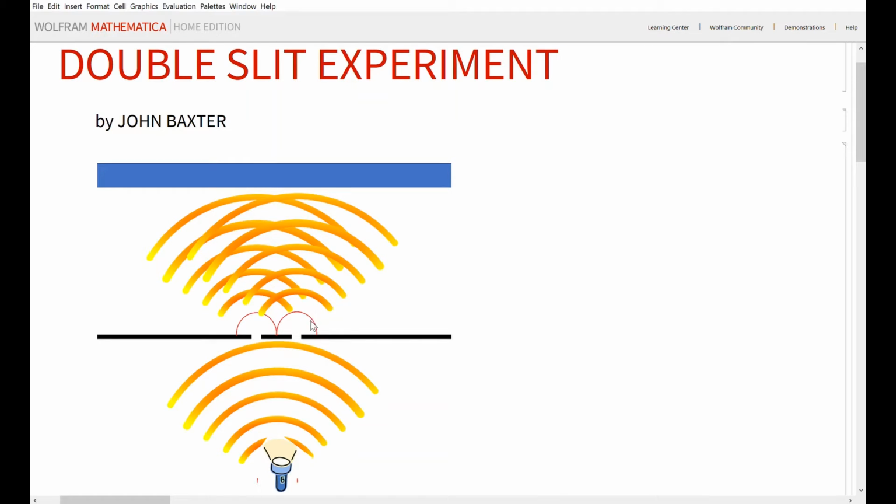The waves propagate through the apertures, and then as separate waves they come out and interfere with each other, and they develop an interference pattern on the back wall, and that's what we're going to look at.